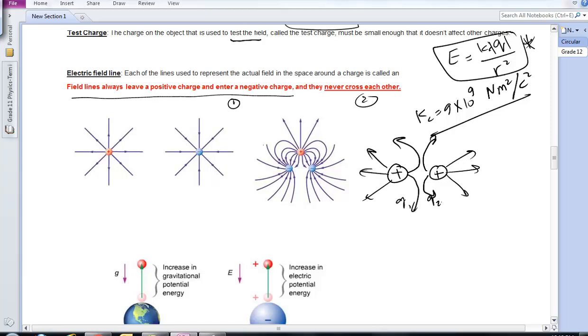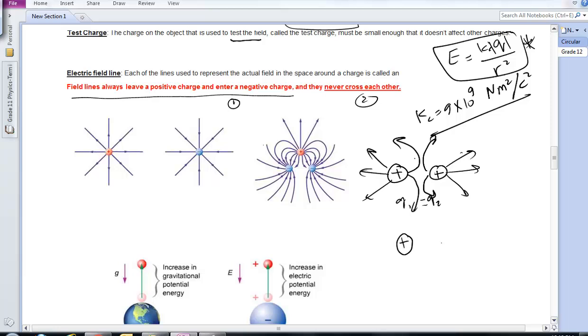And as you can see, Q2 has 1, 2, 3, 4, 5. Q1 has 1, 2, 3, 4, 5, because they are equal charges. If one of them is double the other, or triple, you need to change the number of lines according to the relationship itself.